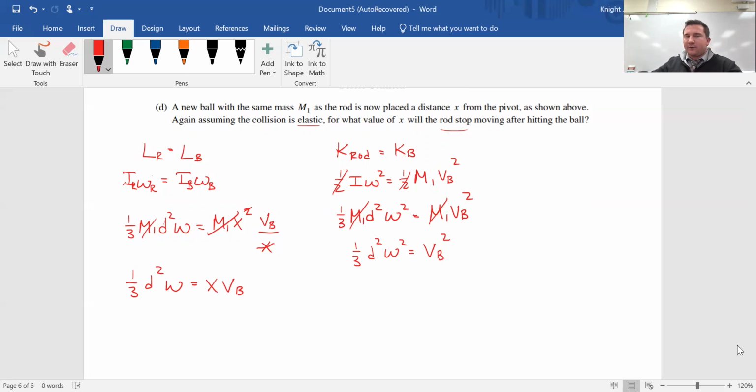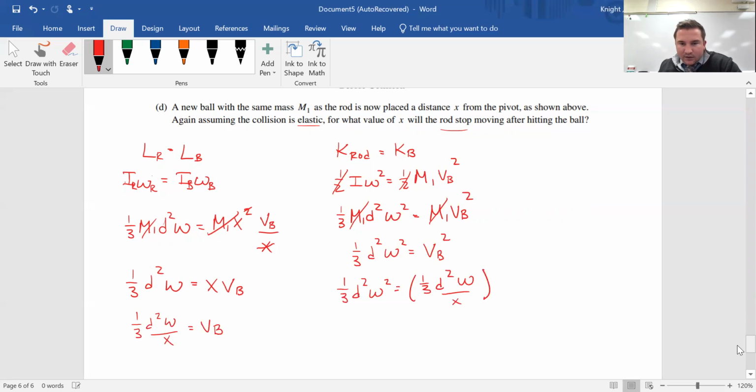Kind of depends how we want to solve for it now. We could divide the X to the other side and then plug that in for the VB there. That might be the easier way to do it. Let's do that. Let's divide by X. So we'll get 1/3 D squared omega over X is equal to VB. We'll plug that in for VB over here. So we'll get 1/3 D squared omega squared equals 1/3 D squared omega over X, squared.